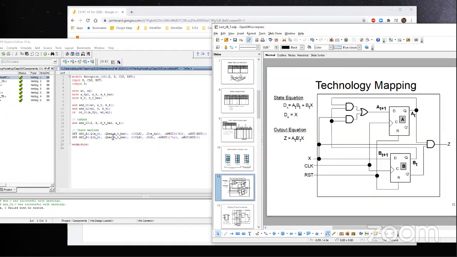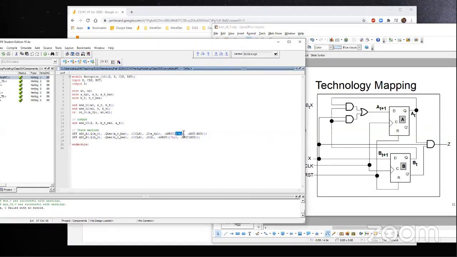And for the state machine, simply I'm connecting AT on the Q terminal, AT bar on the Q bar, clock to the C, AT plus 1 to the D. Preset, I'm making it always logic high. Reset, I am taking in from the primary input.